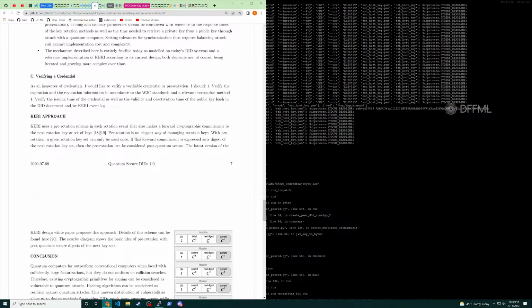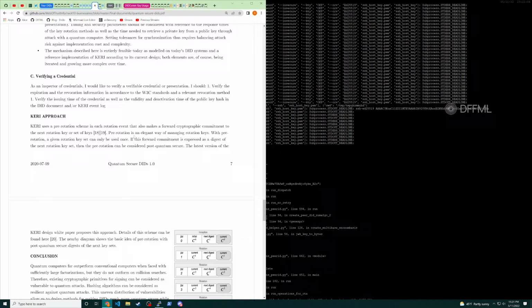This forward commitment is expressed as a digest of the next rotation key set. Then the pre-rotation can be considered post-quantum secure. The latest version of the KERI design white paper proposes this approach. Details of the scheme can be found here. A nearby diagram shows the basic idea of pre-rotation with post-quantum security, using a digest of the next key sets.